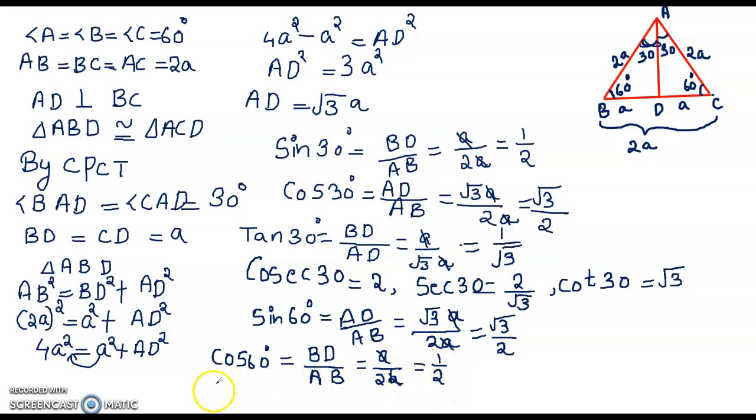Then what is tan 60? As we know, tan is equal to opposite side by adjacent side. So tan 60 is the side opposite to this angle 60 degrees, and from the figure it is clear that it is AD, divided by BD.